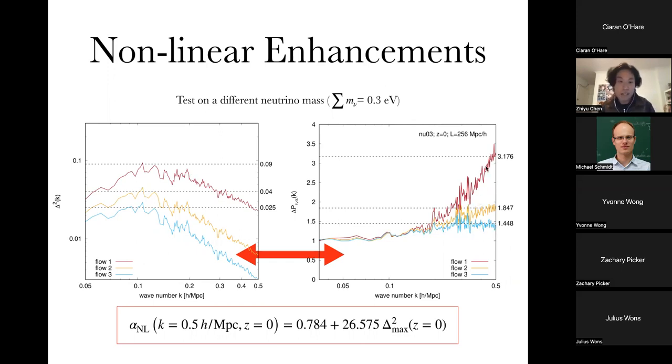The colored lines are the nonlinear N-body results, and the dashed line is the prediction made by this fitting function. You can see they match perfectly. So this function is independent of neutrino mass, able to tell you how much nonlinear enhancement to expect given the linear response behavior of the particular neutrino flow.